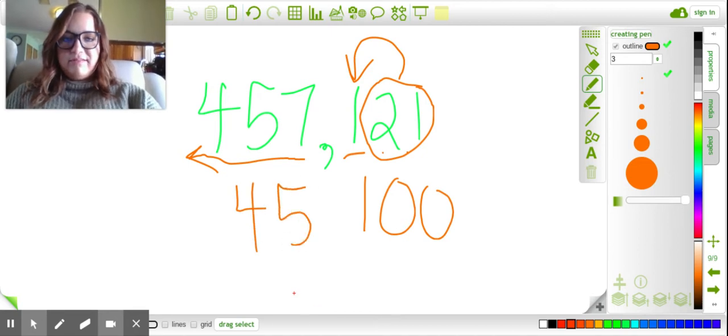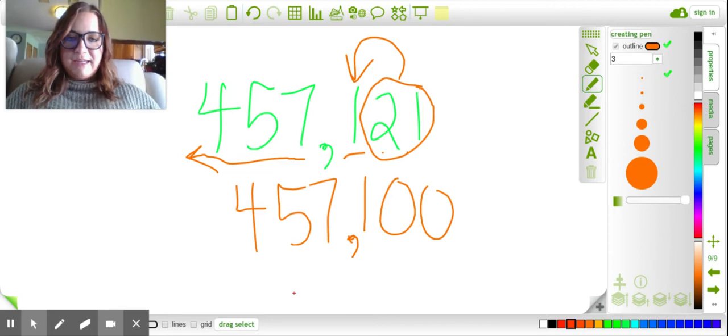So we don't have to change it. We just bring it on down. Don't forget that comma to separate the hundreds and the thousands. So 457,121 rounds to the nearest 100, 457,100.